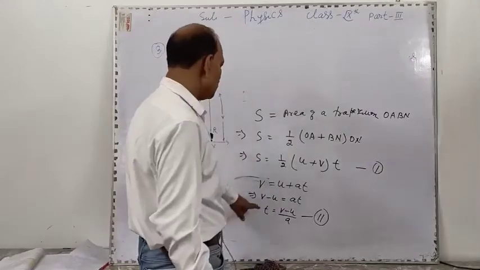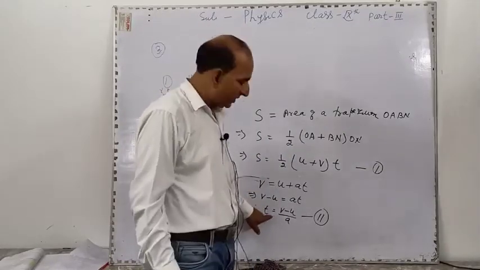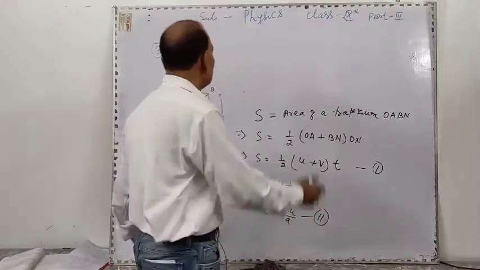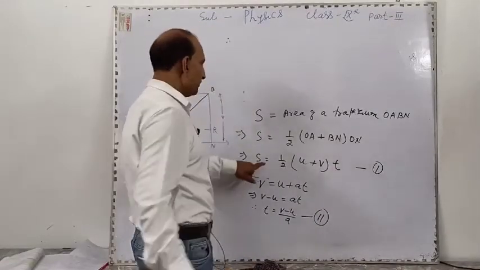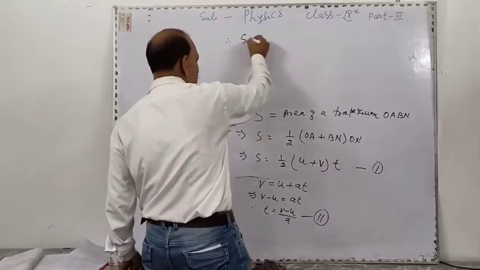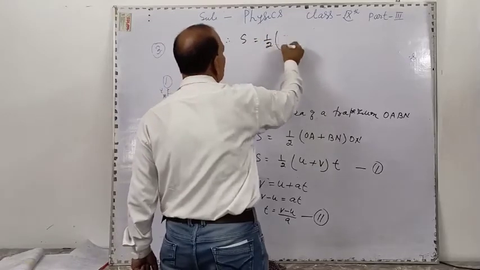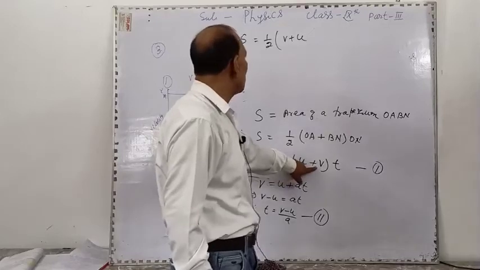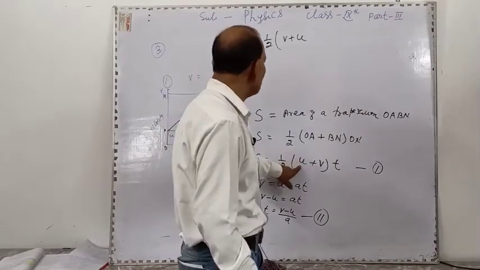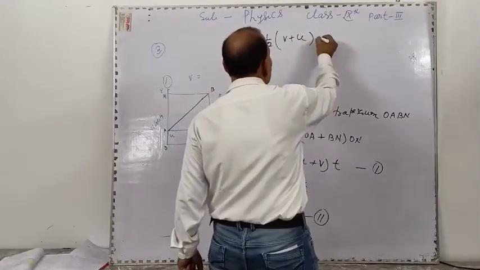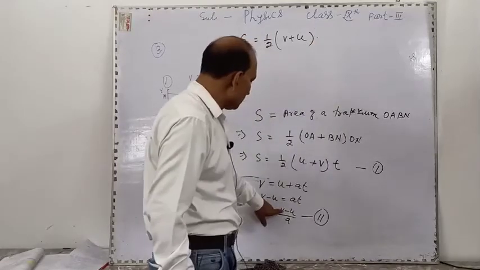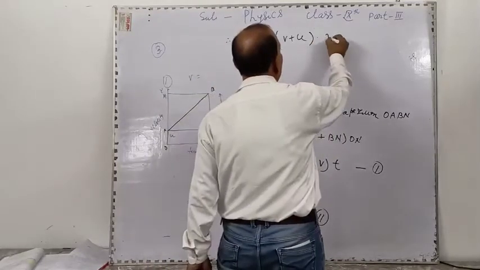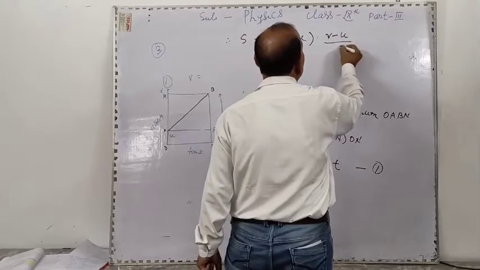Now substituting the value of T from 2 in first, the equation first becomes S is equal to 1/2 (V plus U), U plus V is also written as V plus U, into T, which is equal to V minus U by A.